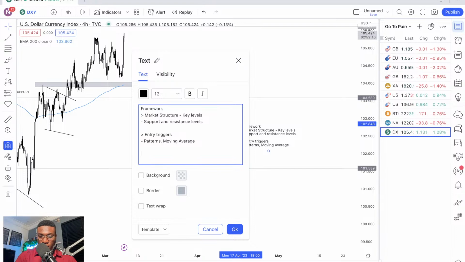And for your exits, because obviously if you open a trade, you want to exit the trade, you want to have areas where you want to exit the trade in profit, right? So you can use your swings. It could be swing highs, it could be swing lows. You can use ATR, which is an indicator.